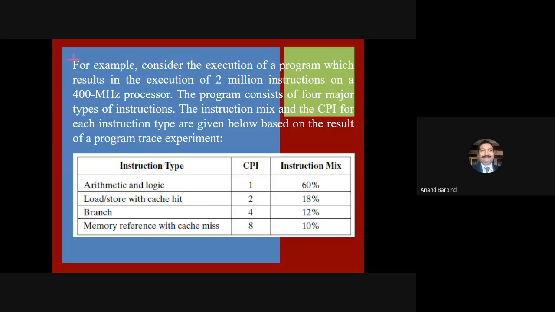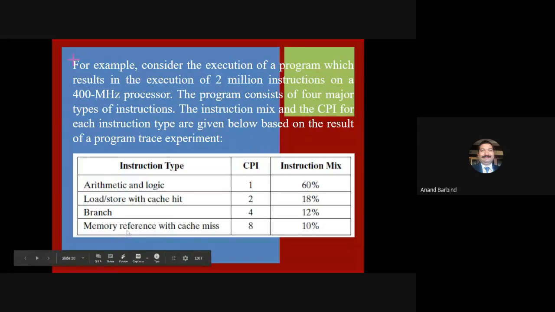That means for executing an arithmetic and logic instruction, only one clock cycle is required. For executing a load or store instruction, two clock cycles are required. For executing a branching instruction, four cycles are required, and for executing instructions with memory reference and cache miss, eight cycles are required.